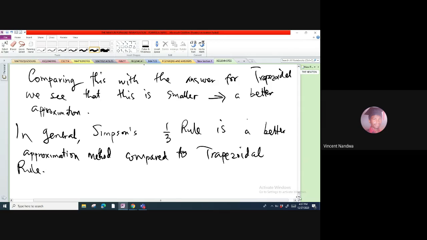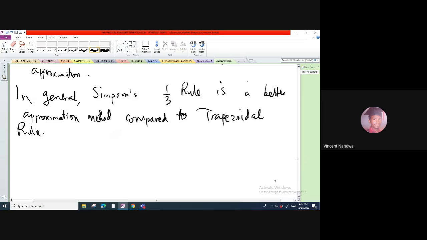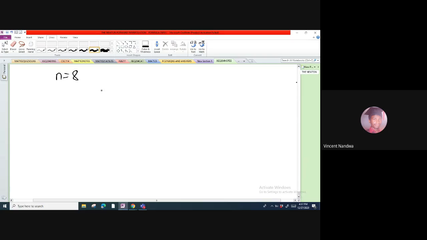Now the second case, we had n equals 8. So n equals 8 means that our h will be (1 minus 0) over 8, which is 1 over 8.